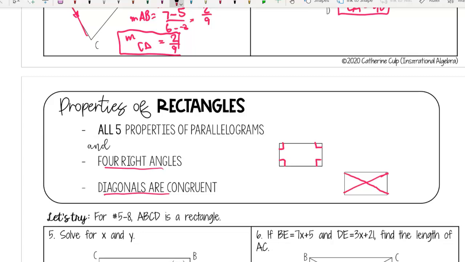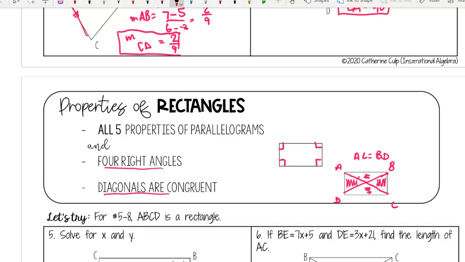So if we call this A, B, C, and D, AC equals BD. Which is interesting because it also shows us that now I have this triangle congruent to that triangle, and this triangle congruent to that triangle, because the diagonals bisect each other.